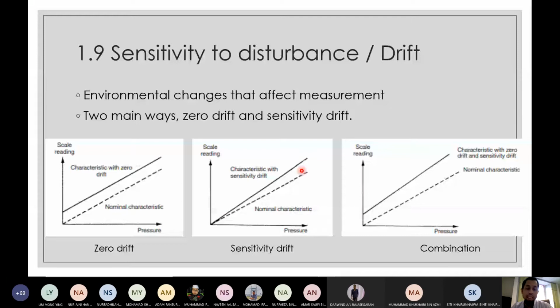We call this sensitivity drift. And the third condition is a combination of zero drift and sensitivity drift. So the actual reading and the reading that you get will be even further apart. And this will introduce error in your measurement that you need to identify.